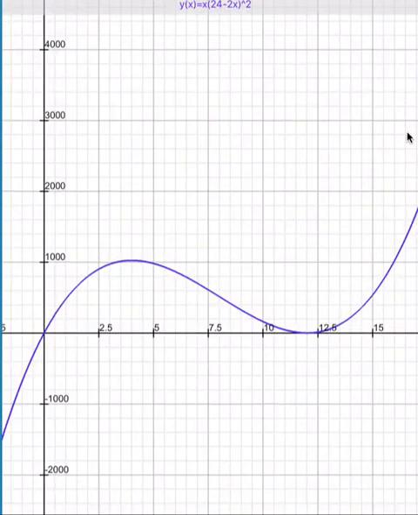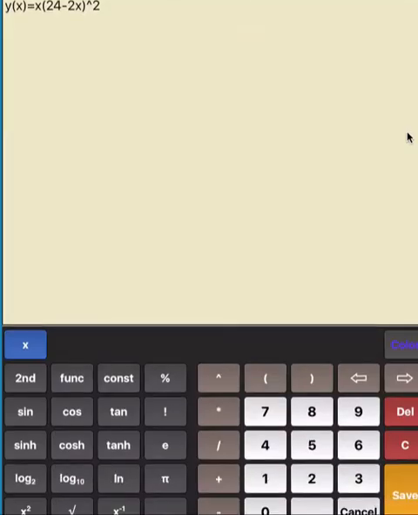So let's go ahead and take care of that real quick. Okay, so our function is going to be 2x times the square root of 16 minus x squared. Close the parentheses there.